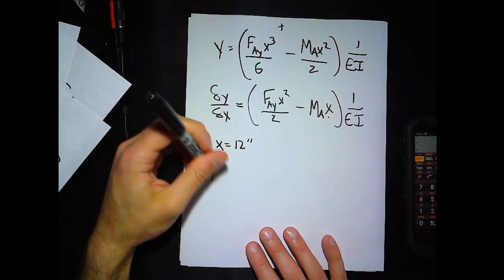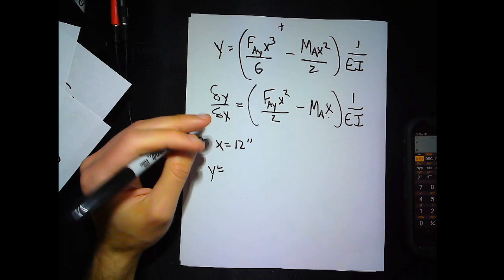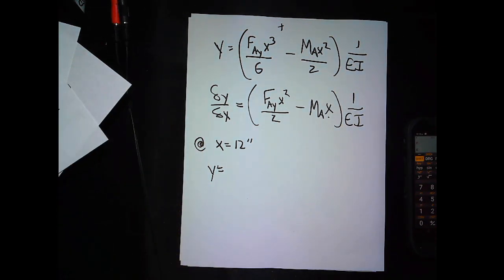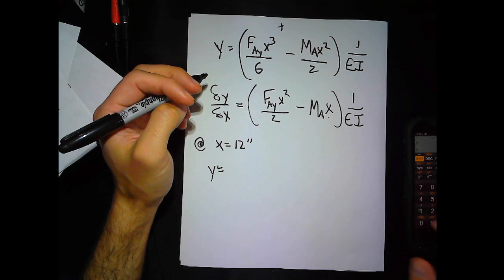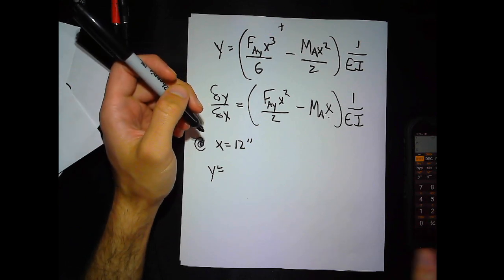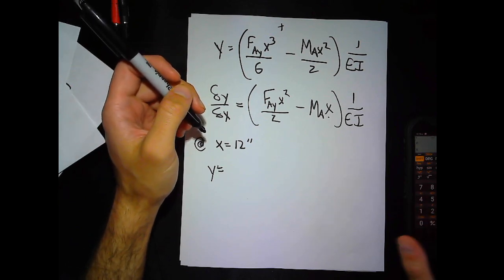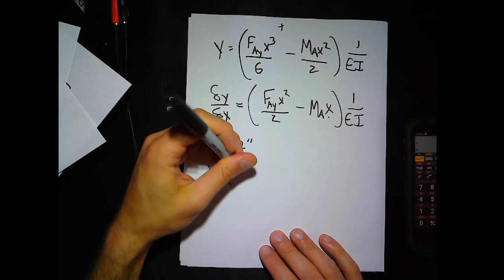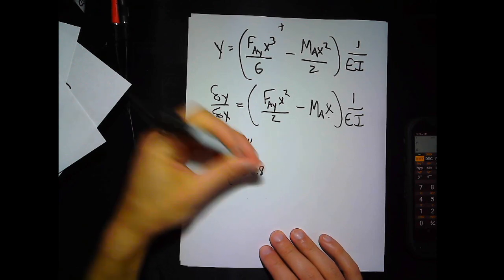Let's see, y equals FAy, which, if I remember correctly, is negative 1.1 kips. So negative 1.1 times 12 to the third power, divide by 6, gives negative 316.8.